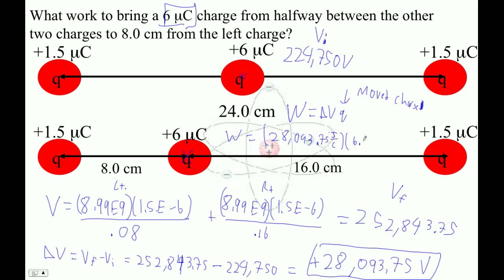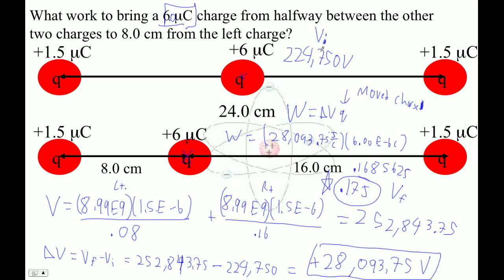Times the moved charge, which is 6.00 E minus 6 coulombs. So times 6 E minus 6, and I get 0.16856 joules of work. Now, these have only 2 sig figs, so I guess we'd have to say 0.17 joules. If we'd made this like 6.0, right, then we'd have a couple sig figs, yeah?